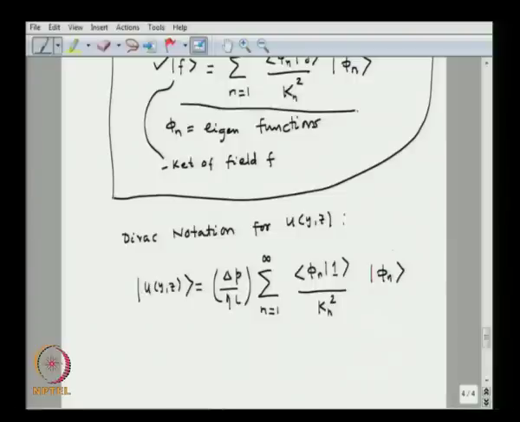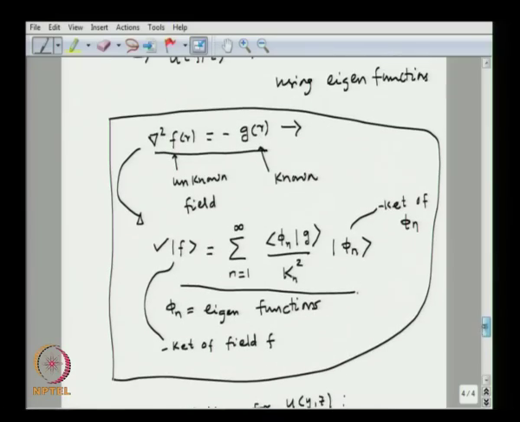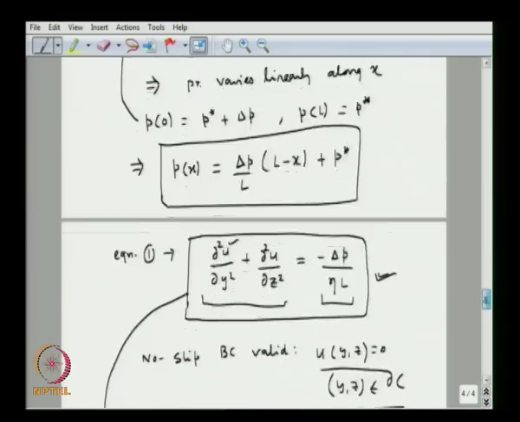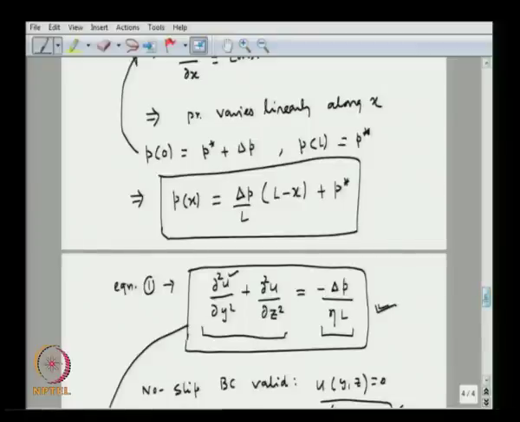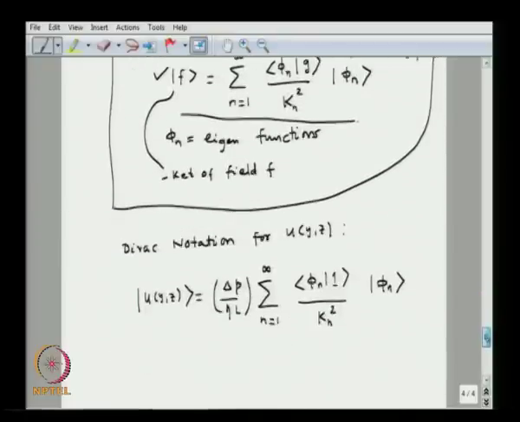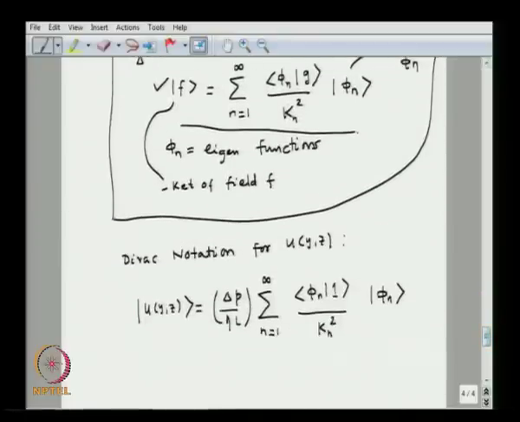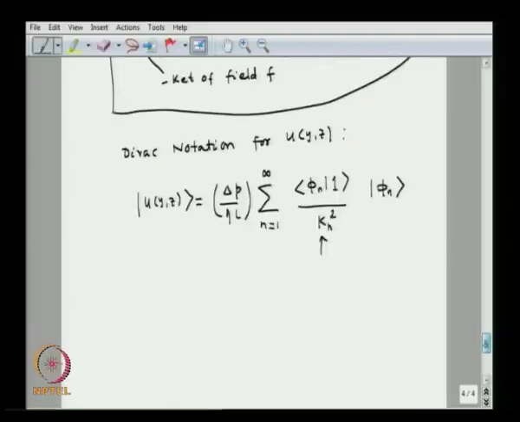Okay. So, this is the ket of phi n, this is the bracket of phi n and 1, because your function g(r) here is delta p over eta L. And you have taken delta p over eta L out, this function here is 1, this is the known function, and k n square are the eigenvalues.